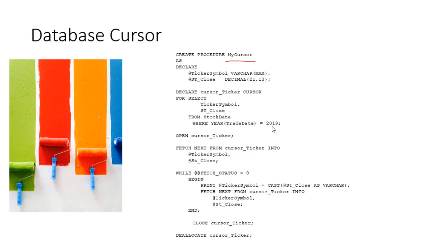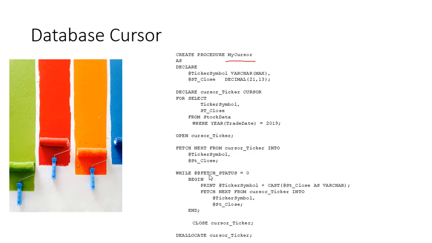So that's our little select statement. Now we open our cursor, and we will fetch next from our cursor into these two variables, @ticker_symbol and @close. And we will continue to fetch until there isn't anything left to get.